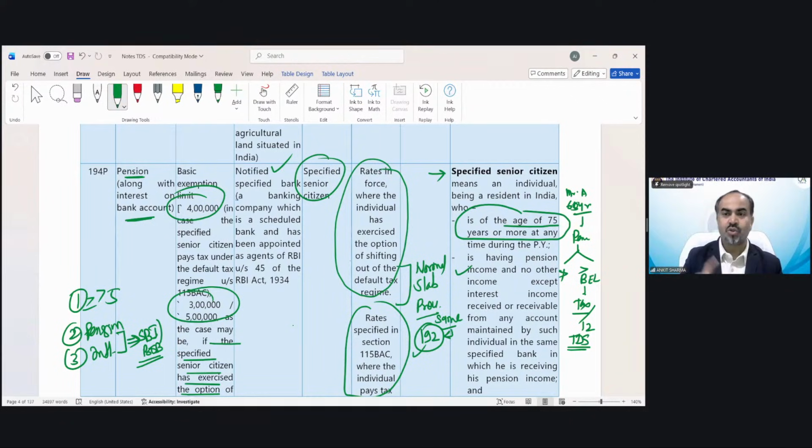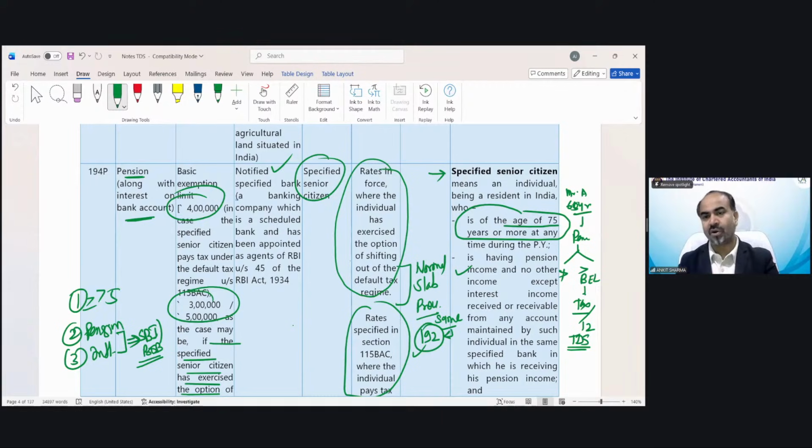What are we discussing? You will come to know. So if age is 75 or more, he has only pension income and interest income, and that is from the same bank, and TDS has been deducted as per the provision, then the benefit is he does not require to file an income tax return. What will happen if interest is from another bank and pension from another? Then he needs to file his income tax return.